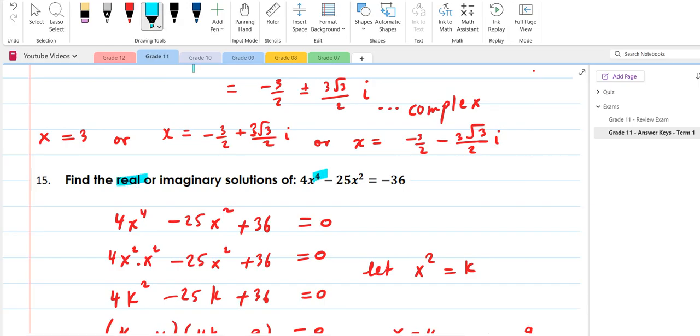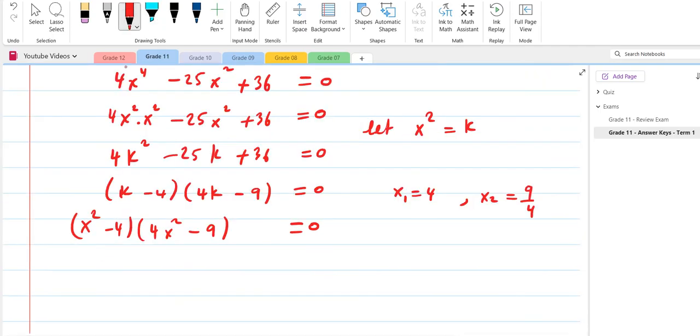So we need 4 roots of this equation. So we are getting 4 roots because now this here itself you can factorize into x plus 2 into x minus 2 because it's a difference of 2 squares, and this one here is also a difference of 2 squares, which is 2x plus 3 into 2x minus 3, which is equal to 0.